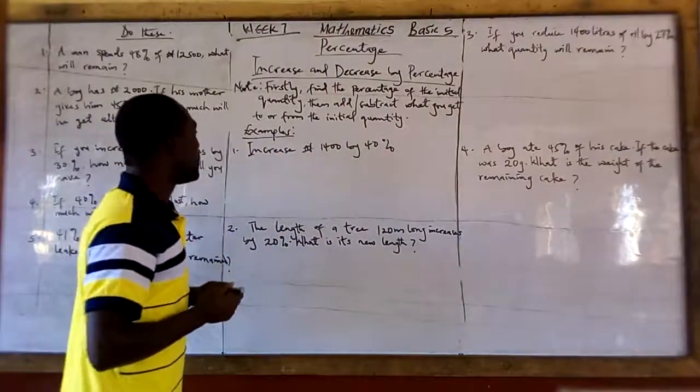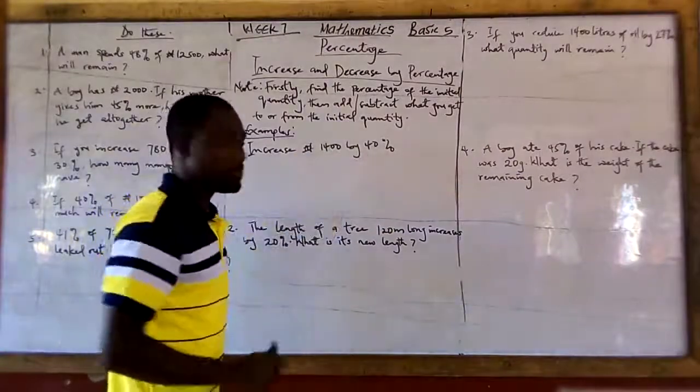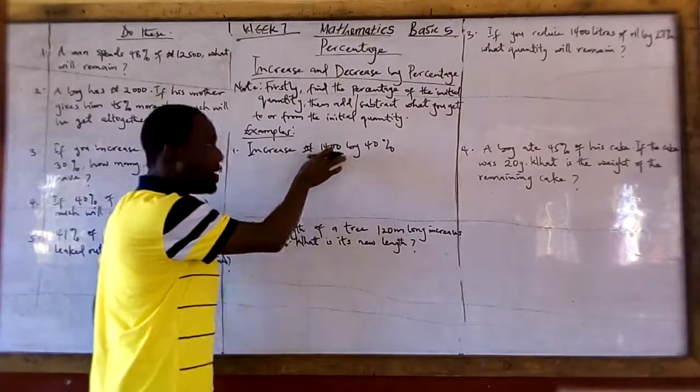Number one, increase 1,400 naira by 40%. Now the initial value is what? 1,400 naira, and this is the percentage.